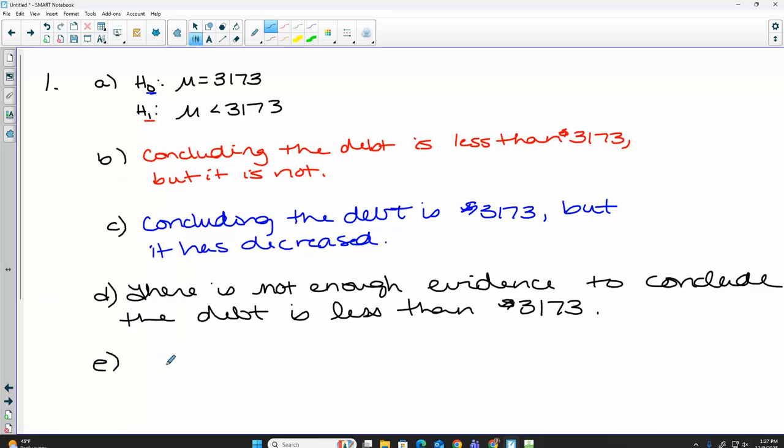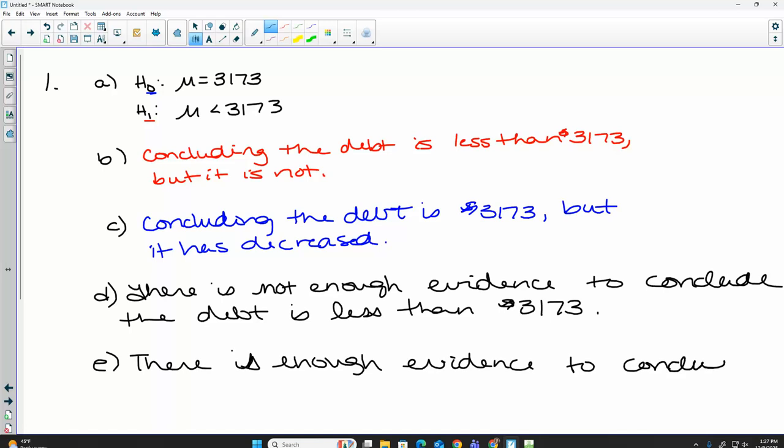If we do reject it, we say there is enough evidence to conclude the debt has decreased. Why did I say decreased? Because we're rejecting the null.